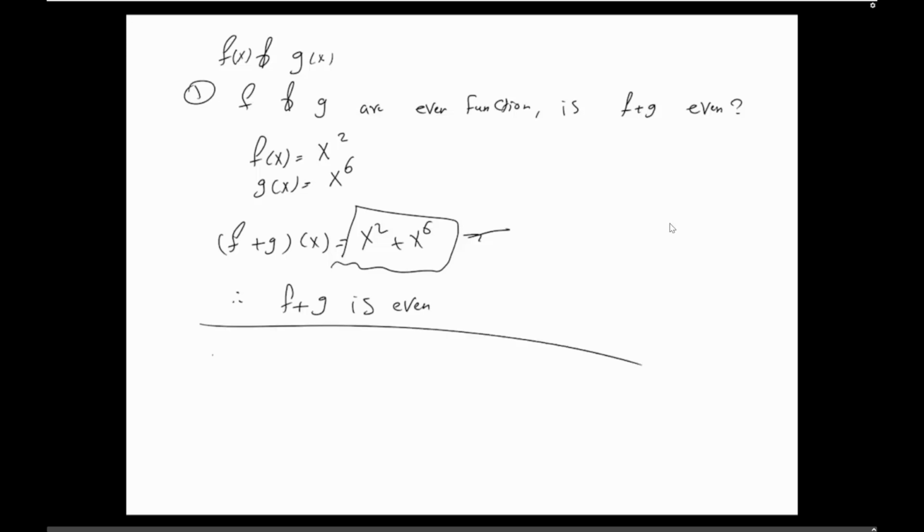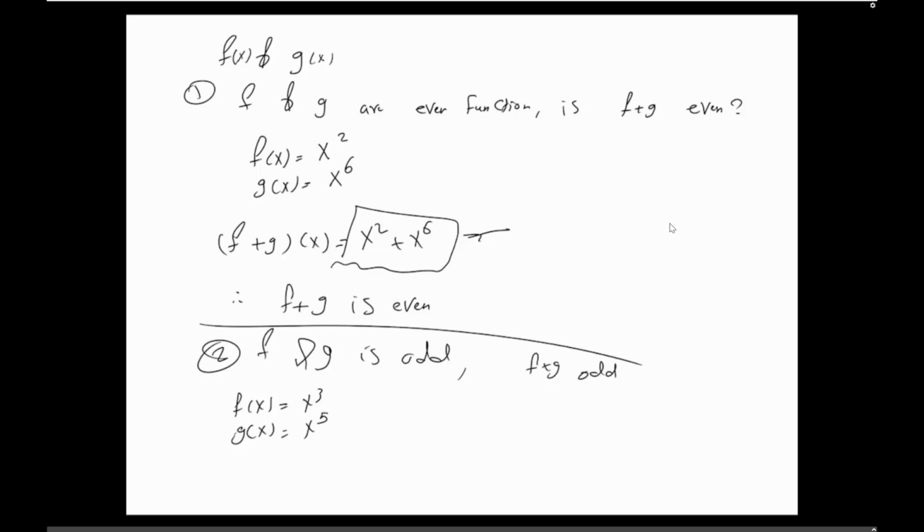Let's go for the second condition. It says this time f and g are odd, and it asks, is f plus g odd? Let's go for that. So we have f of x equivalent to, let's suppose, x with exponent 3, and g of x with exponent 5.